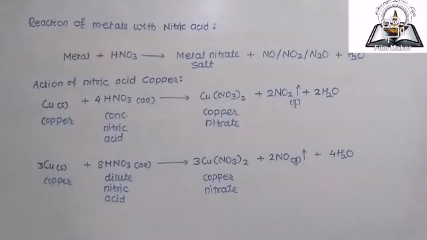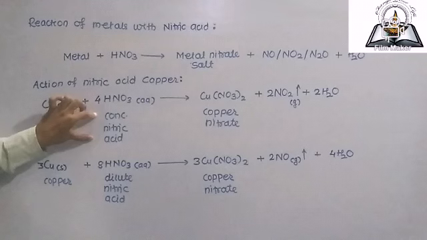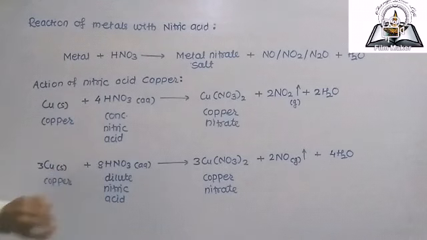So this is the balanced chemical reaction for when copper reacts with dilute nitric acid. बराबर. So this is the chemical reaction in which copper reacts with concentrated nitric acid as well as dilute nitric acid.